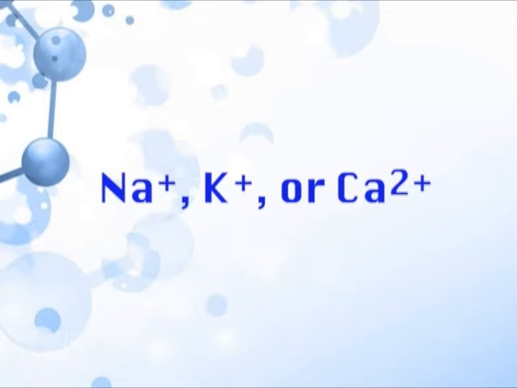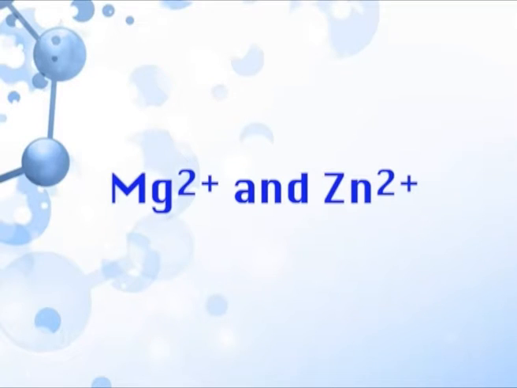These catalytically essential metal ions are distinct from ions such as sodium ion, potassium ion or calcium ion, which often play a structural rather than a catalytic role in enzymes. Ions such as magnesium ion and zinc ion may be either structural or catalytic in nature.